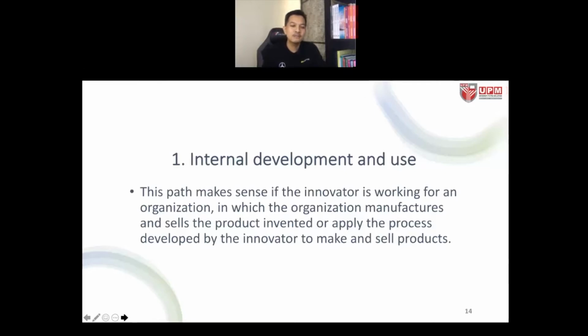So it is being used by the organization, and it can be considered as internal commercialization, in which the organization, for example, manufactures and sells the product invented, or applies the process developed by their own innovator to make and sell products.